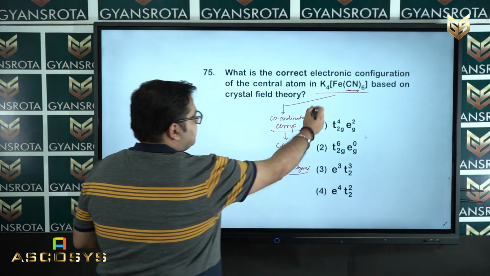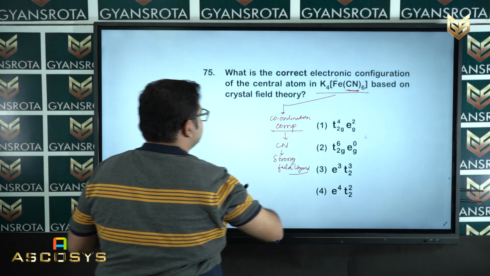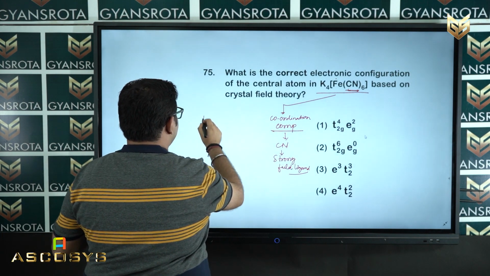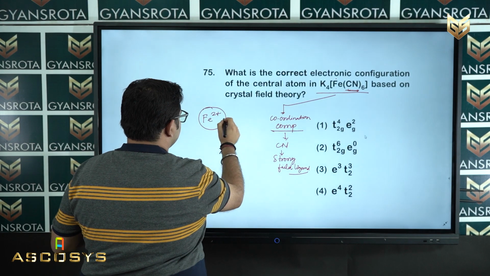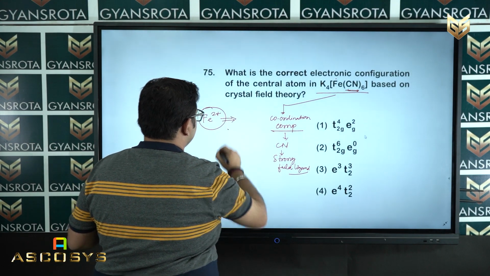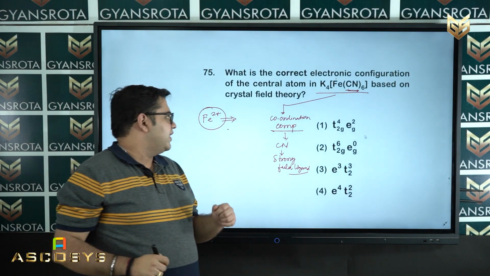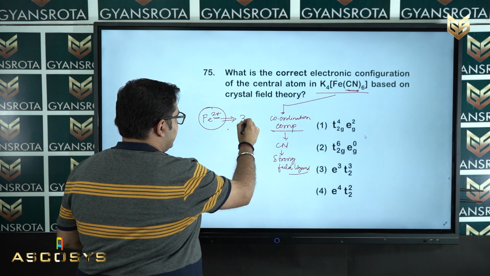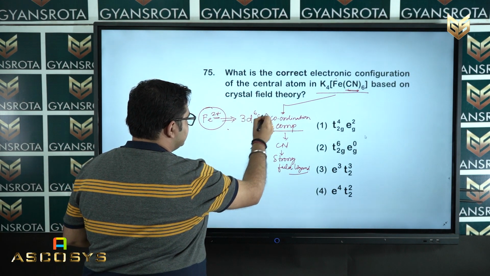So, now first find out the oxidation state of iron. Here iron is present as Fe2 plus, so the oxidation state is +2. So, the electronic configuration is d6 and 4s0.